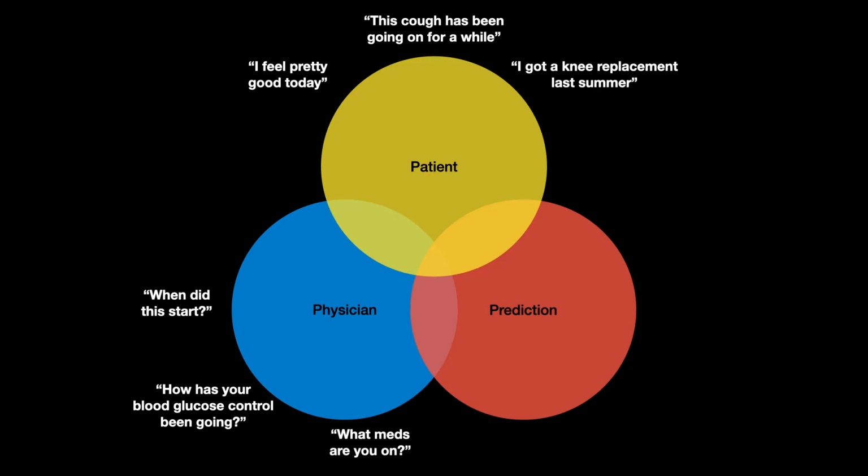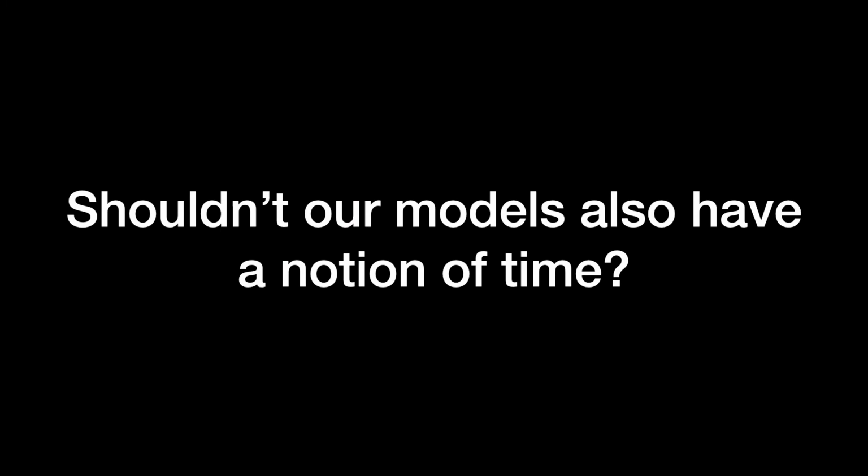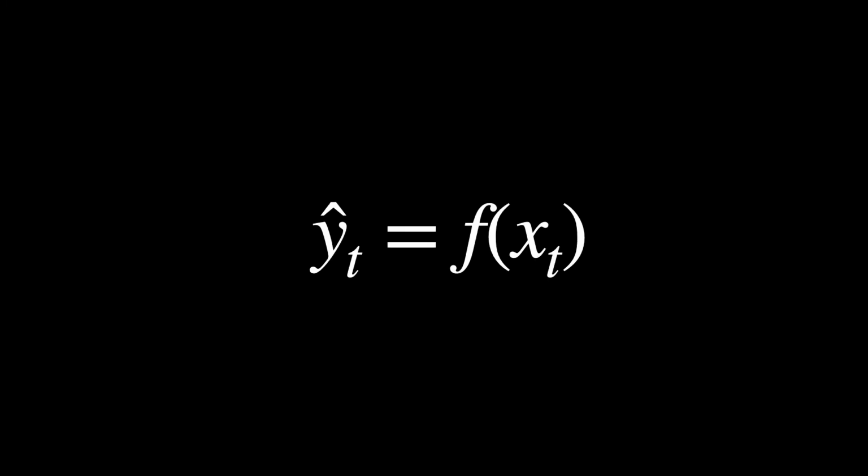All of these questions have some notion of time tied to them. But the model that we just talked about really doesn't have time, right? It has inputs and outputs, and it has the model itself. So shouldn't our models also have a notion of time? It's rather simple to inject it into the model, right? The formulation's right there.